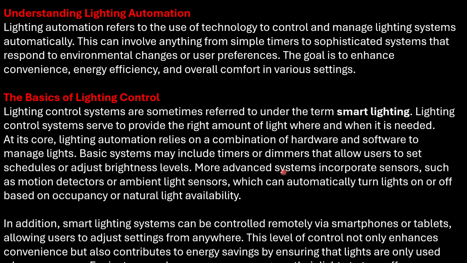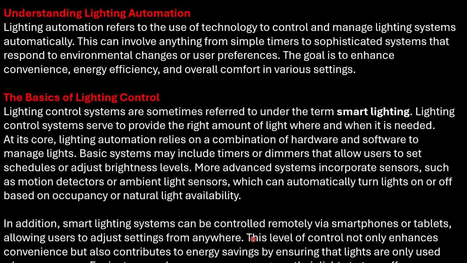More advanced systems incorporate sensors such as motion detectors or ambient light sensors, which can automatically turn lights on or off based on occupancy or natural light availability. In addition, a smart lighting system can be controlled remotely via smartphones or tablets, allowing users to adjust settings from anywhere.